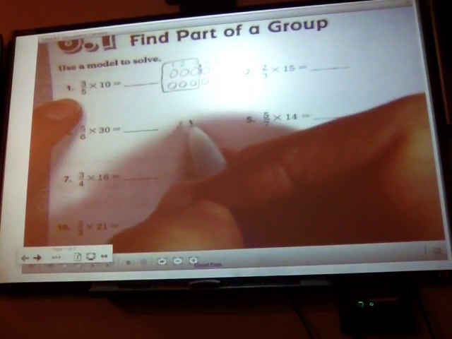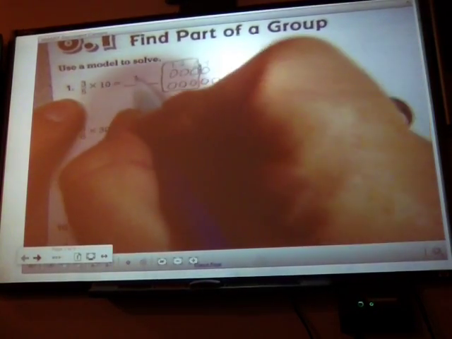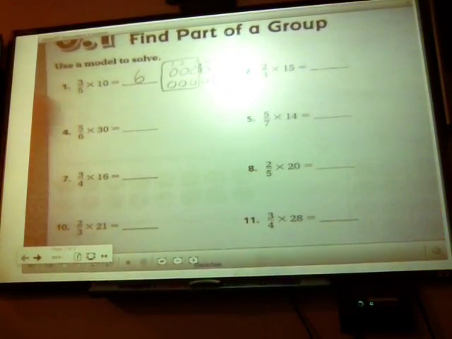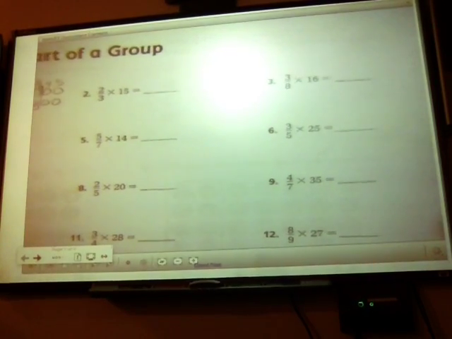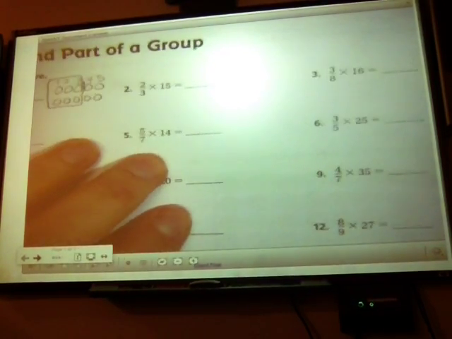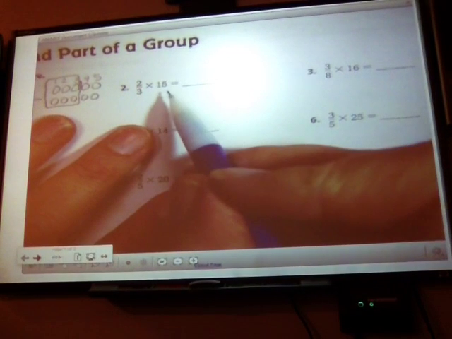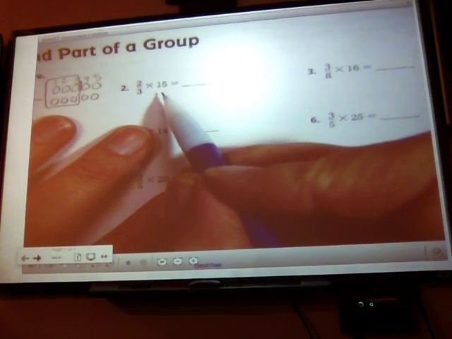How many is 3/5 of 10, ladies and gentlemen? 6. Number 2. So if I look at this, what is my total amount that I'm circling, Ethan, or putting out?